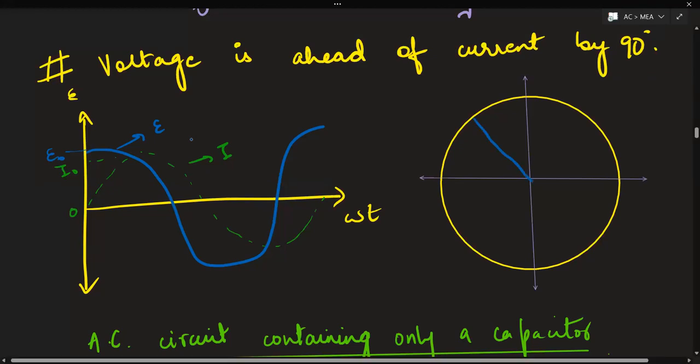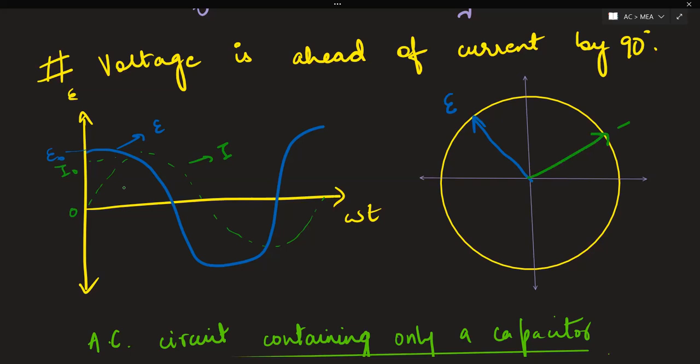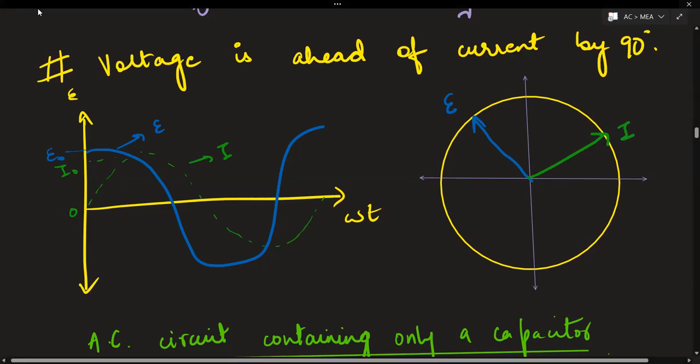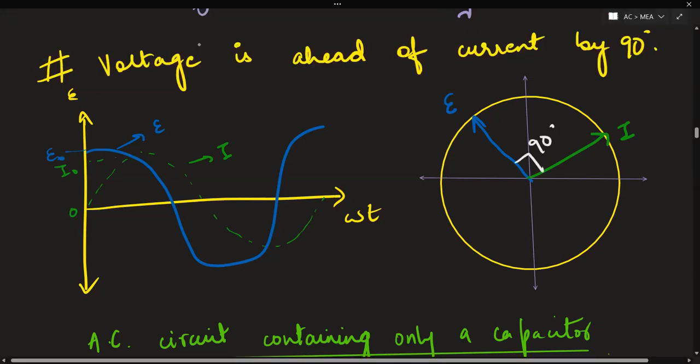Let's say this is the value of EMF because this is leading. So where will the current go? Current is still lagging behind, so current will be here. You can easily see the phase difference between these two. You can easily notice this is 90 degrees. So EMF is leading current by 90 degrees. Otherwise, they were in the same phase when you were dealing with a circuit containing only resistance. Is this clear or not?